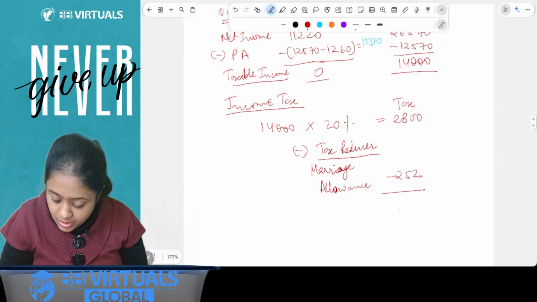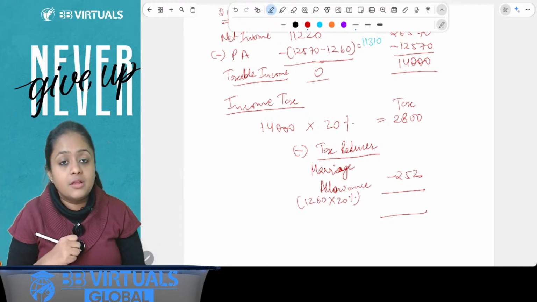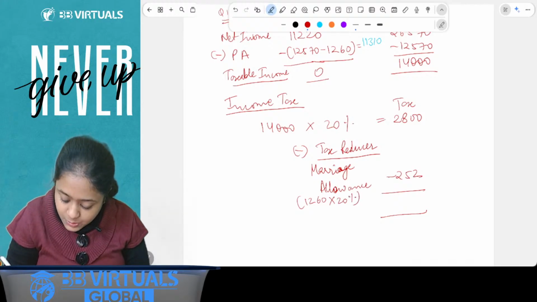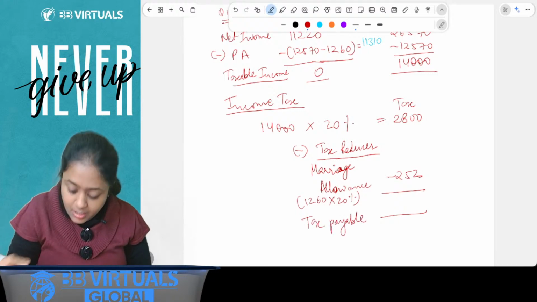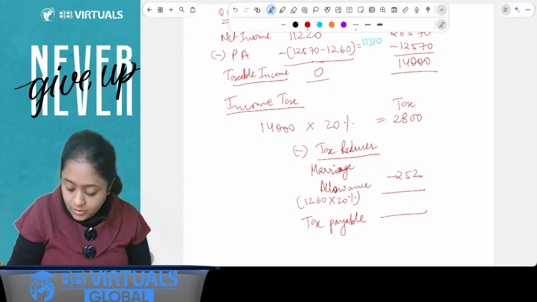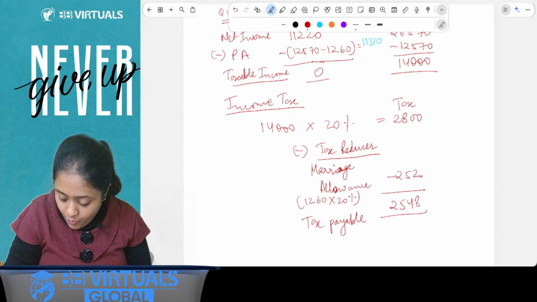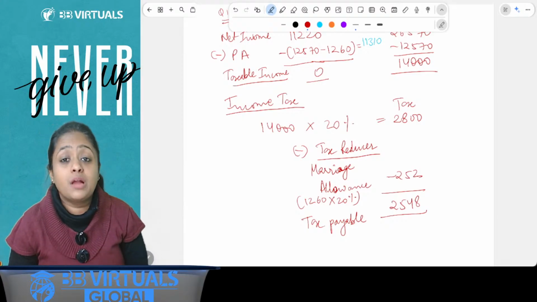Okay, now you reduce it in brackets. However, you can show 1260 multiplied by 20%. Now what is the final tax payable? So final tax payable would be 2,800 less 252, and 2,548 will be tax payable. So it is beneficial from the couple's point of view.